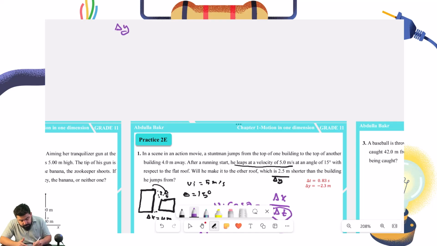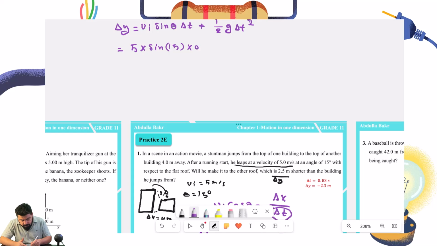Delta y, because the question doesn't say find the maximum height. Okay, so delta y is equal to v initial sine theta delta t plus 1 over 2 g delta t squared. Okay, I have v initial, which is 5 meters per second. I have sine theta. Oh, I have theta, which is equal to 15, of course.